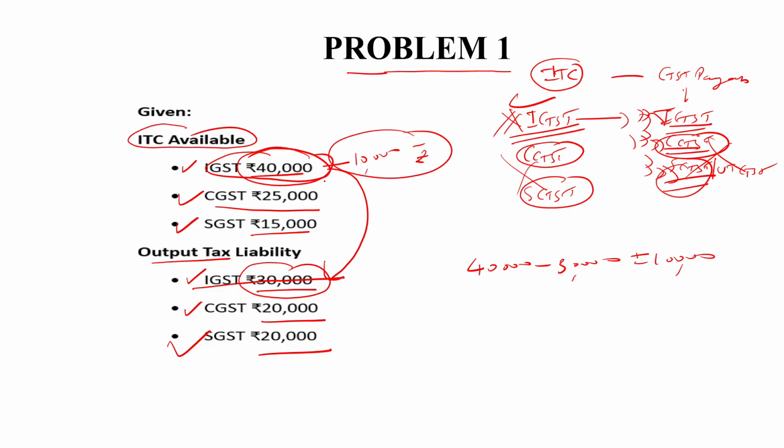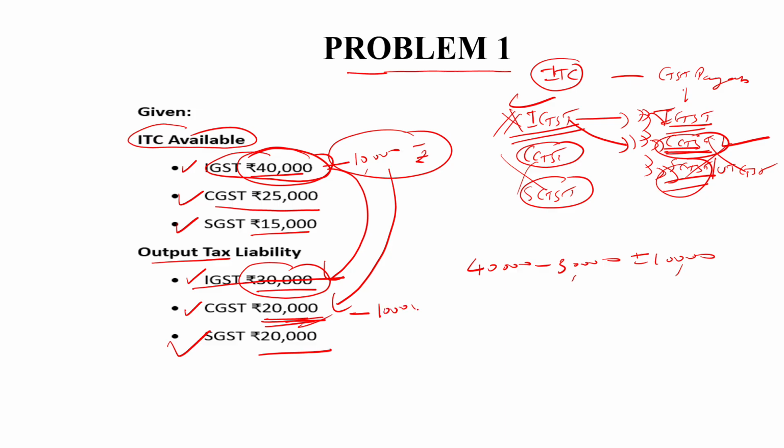Next, if IGST is still there, we can use it for paying CGST. How much is CGST? 20,000. So this 10,000 can be utilized to pay up to 10,000 of CGST.